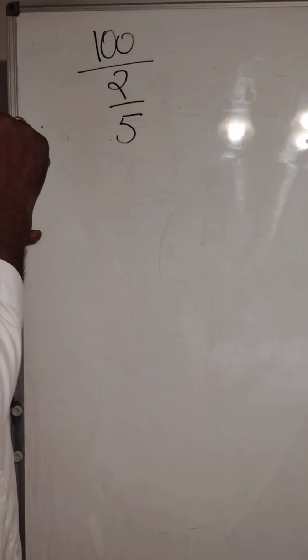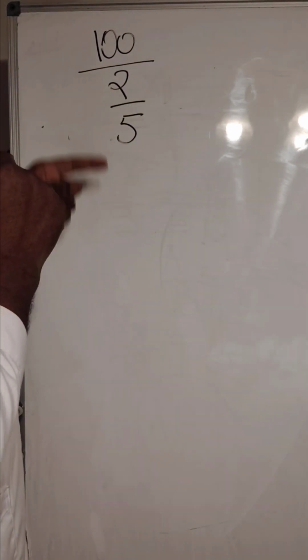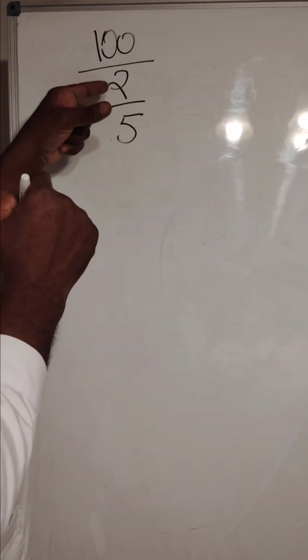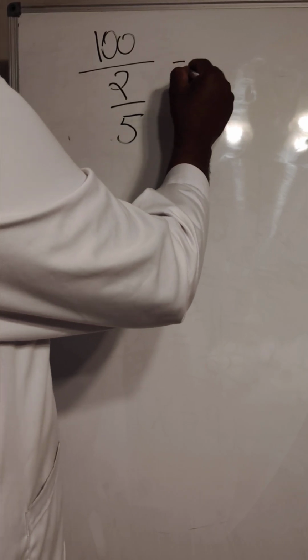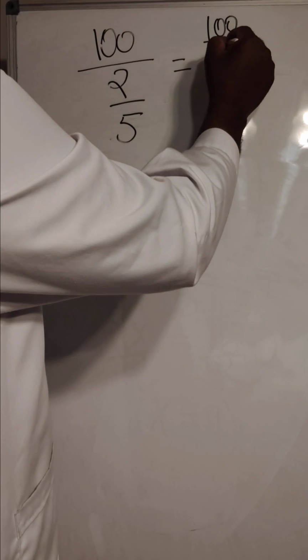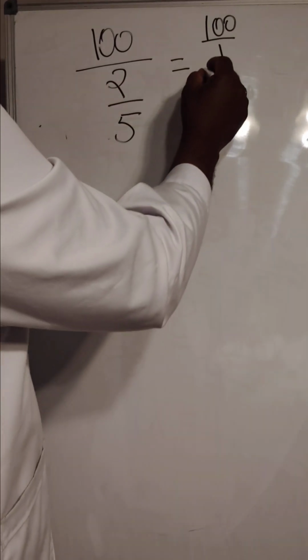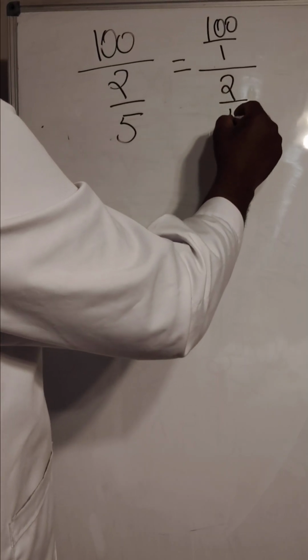So you gotta be very careful. This is not 1 over 2 divided by 5. This is a 1 divided by 2/5. Okay, so I will make my first one, which is 100. I make that a fraction by dividing that by 1. Then I make my line of division. I got 2 over 5.